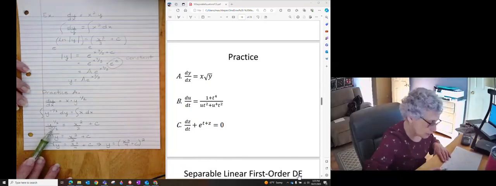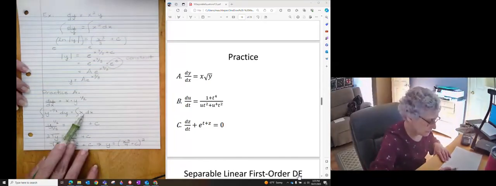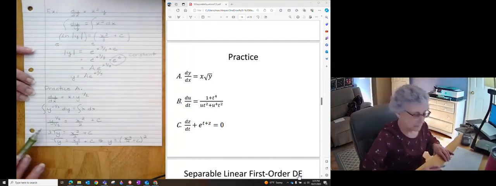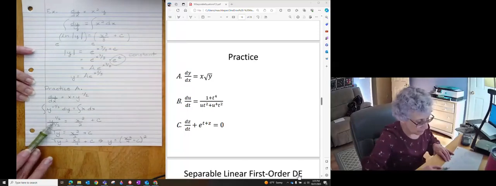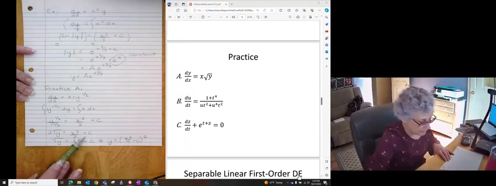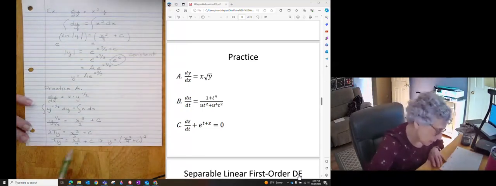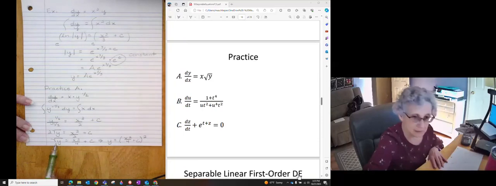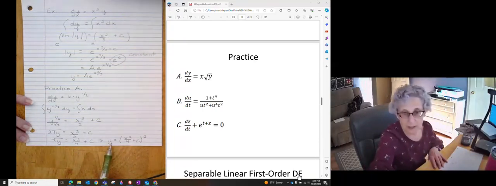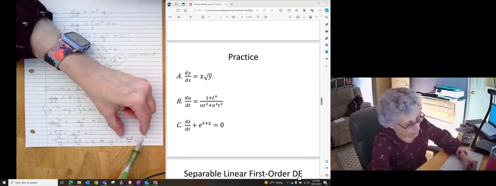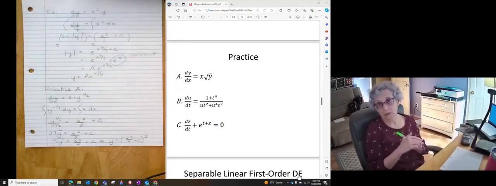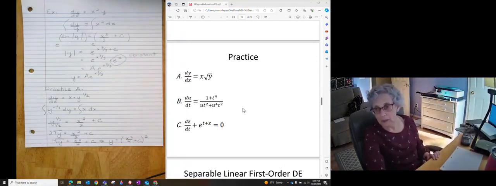And then I add 1 to the exponent, divide by the new exponent, add 1 to the exponent, divide by the new exponent. I rewrote 1 over 1/2 as 2, divided both sides by 2 to isolate the square root of y, and then I squared both sides. Be sure that you put parentheses around, because you have to square the whole thing.